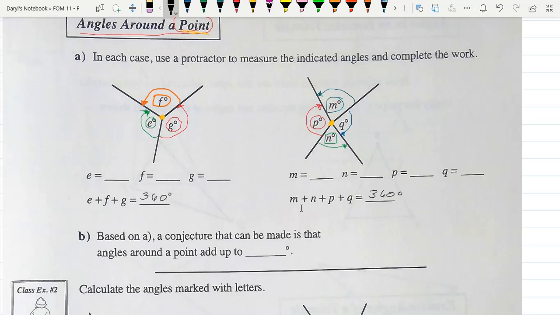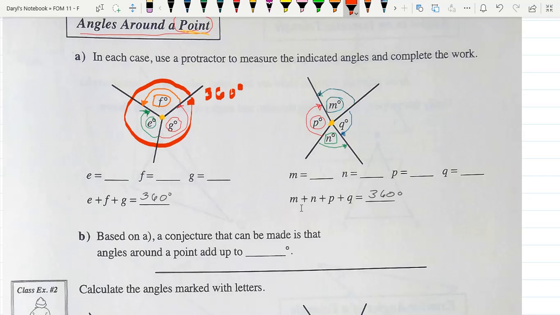This is actually a particular case wherein you have one full rotation. From here to here, that is just one complete rotation, and one complete rotation is just 360 degrees.